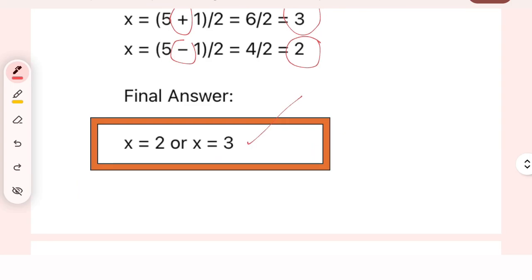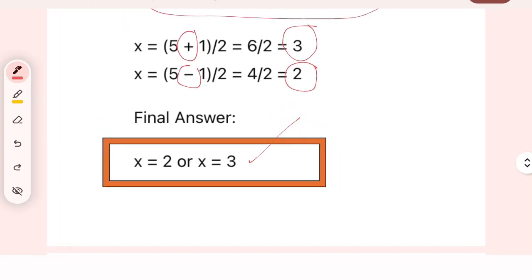So now we have presented to you 3 methods on how to solve the quadratic equation. So you just select which one you think is best for you. Which would you prefer? Factoring? Would you prefer completing the square? Or will you prefer the quadratic formula?